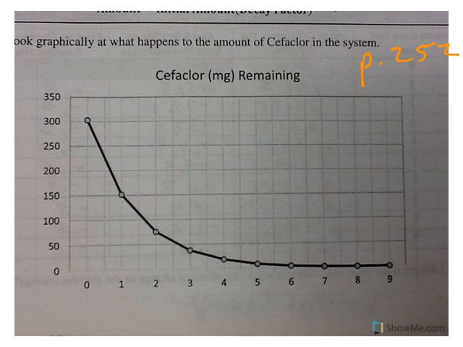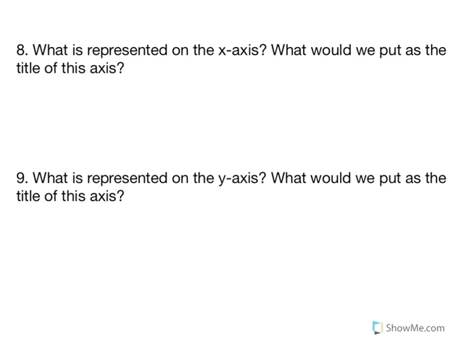So if we go back to this, here's my x-axis, right? Hopefully you remembered from page 1, we're talking about the hours. And this is the milligrams remaining. So when we're talking about the x-axis, we're talking about hours after consumption. And for the title of the axis, I would put hours.